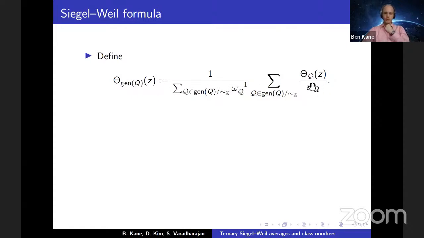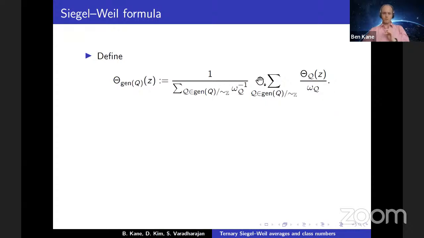What we do is we weight theta q by 1 over omega q. Remember, this omega q is counting the number of self-symmetries. So we're dividing out by the self-symmetries. So in some sense, these are the truly distinct representations.